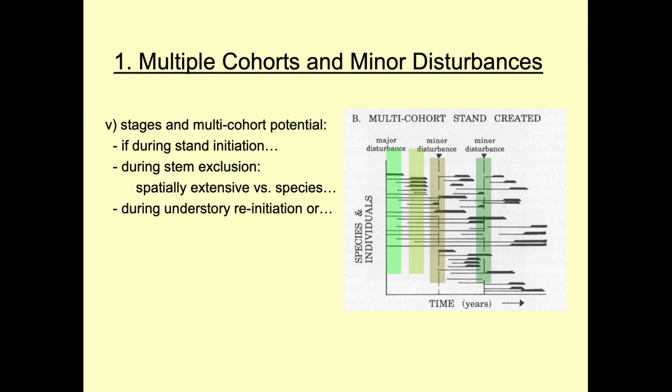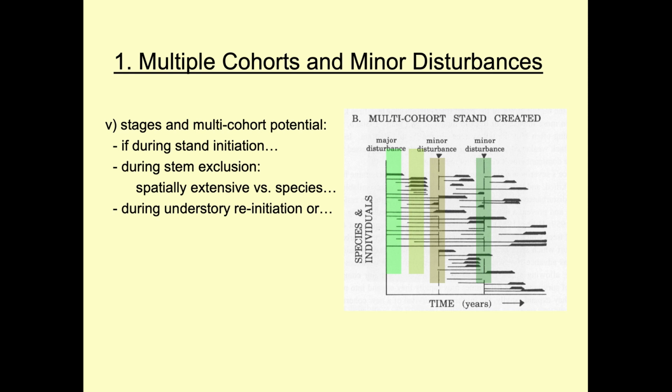Now, if minor disturbances occur during the stand reinitiation stage or old growth stage, those minor disturbances will result in new cohorts if the disturbance covers a large enough area or kills enough trees of one species.